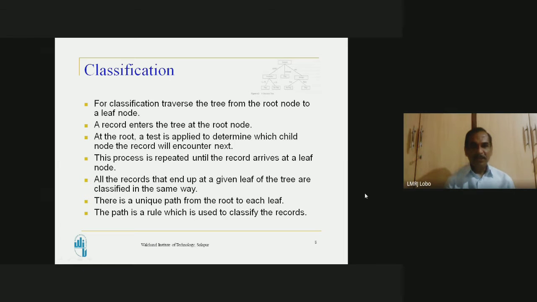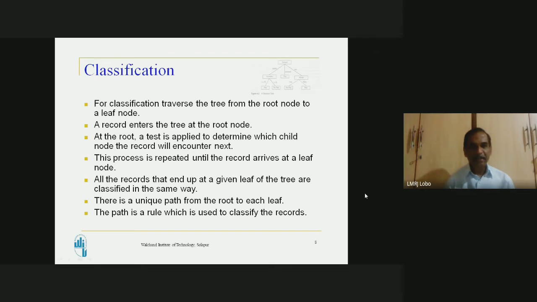For classification, we traverse the tree from the root node to the leaf node. The record enters the tree at the root node. At the root, a test is applied to determine which child node the record will encounter next.